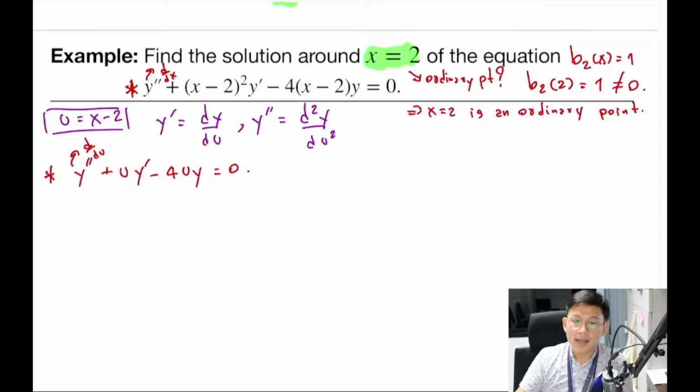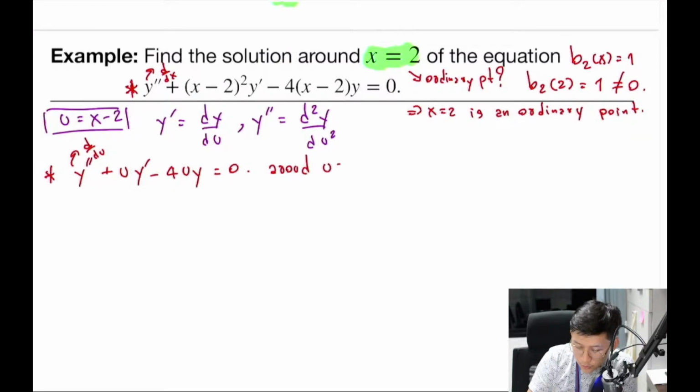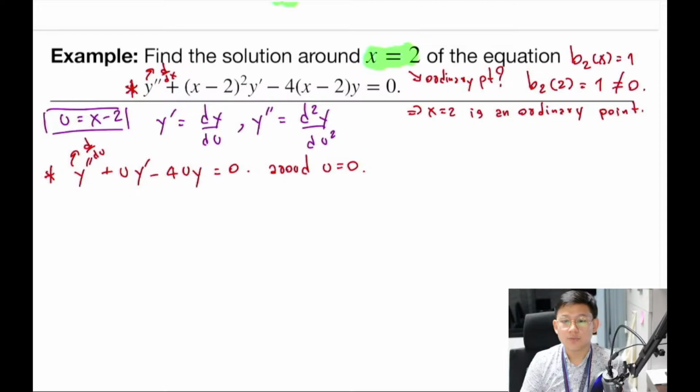This is the equation whose solution we want around u equals 0.